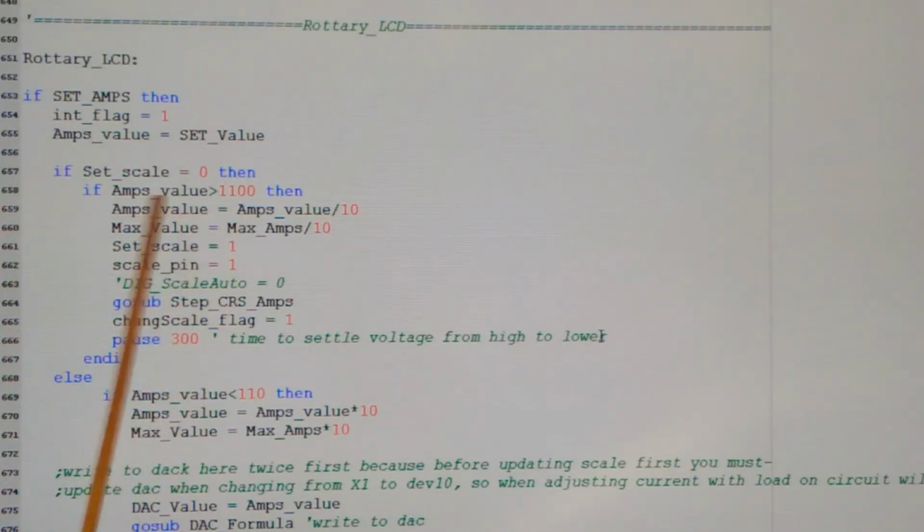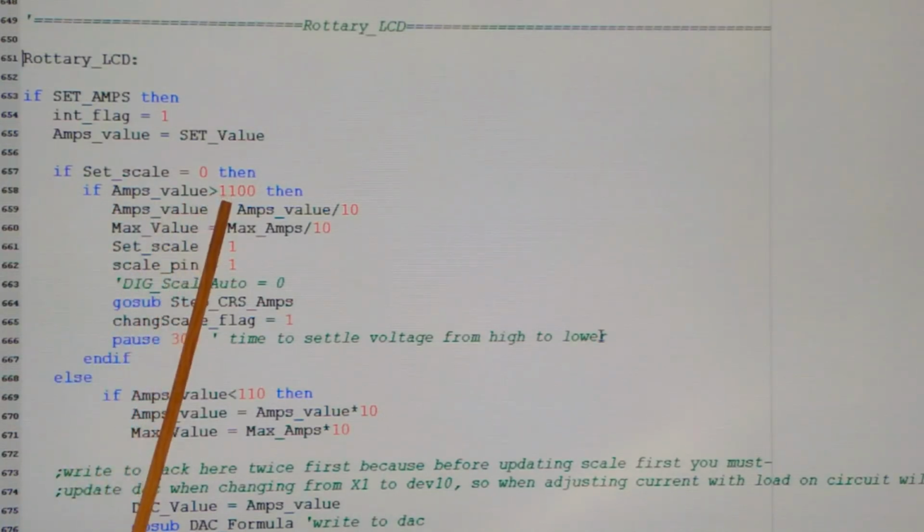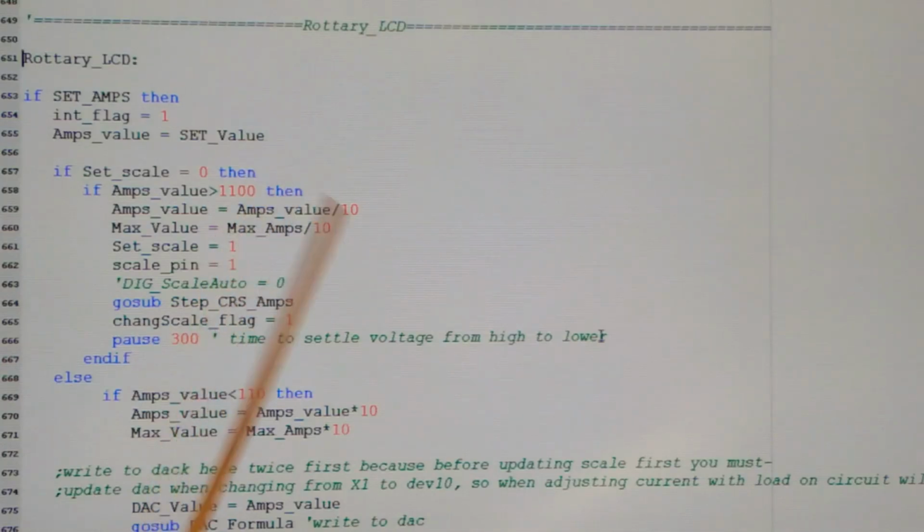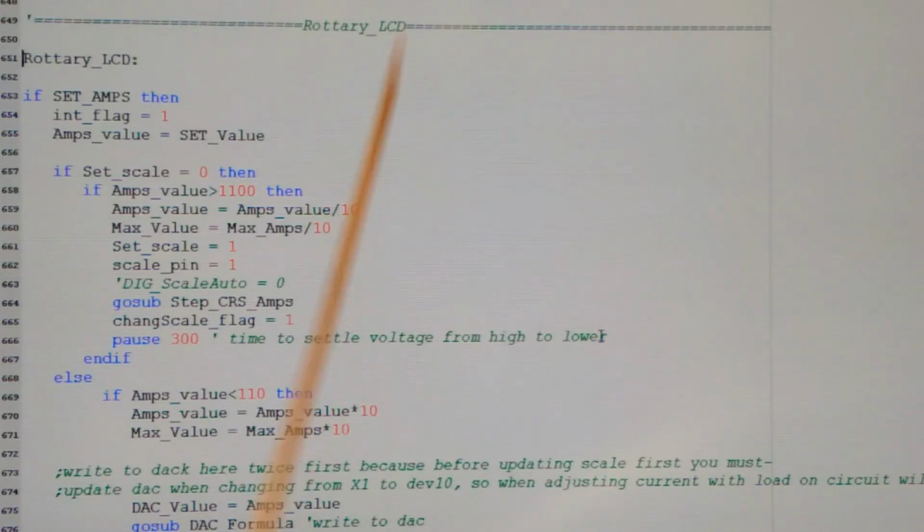That's not the actual scale pin, but it's another variable I've used which corresponds to the scale pin. If the amps value is greater than 1.1 amps, that's what that number is, I'm going to change to the second scale. So the amps value needs to be divided by 10, because I've changed the scale.